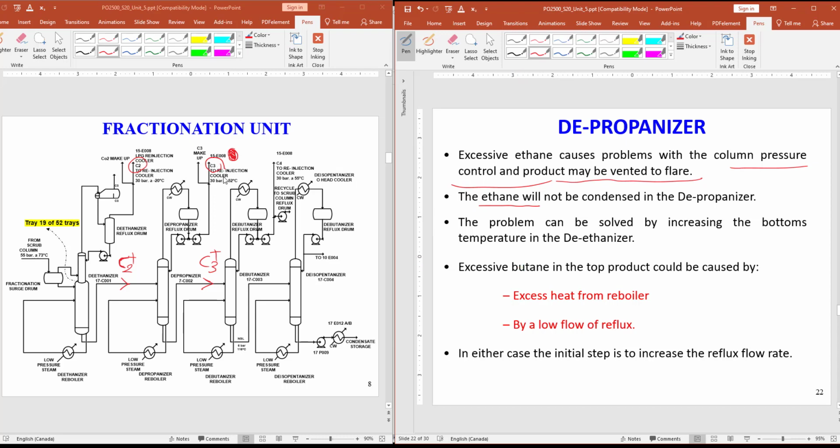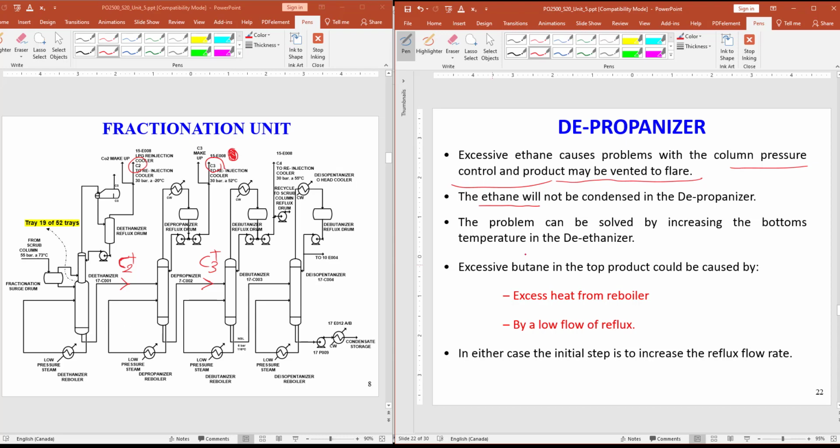for the ethane, if we have ethane in the second unit, we can adjust it by changing the operating conditions in the previous unit, the De-ethanizer.